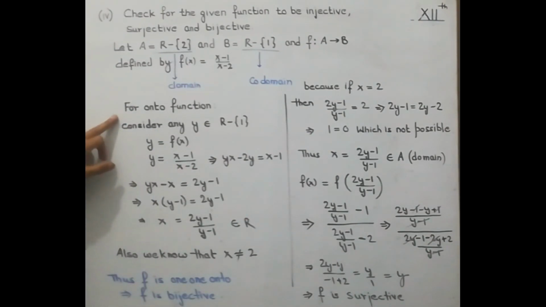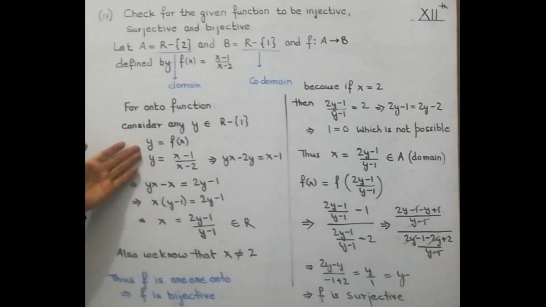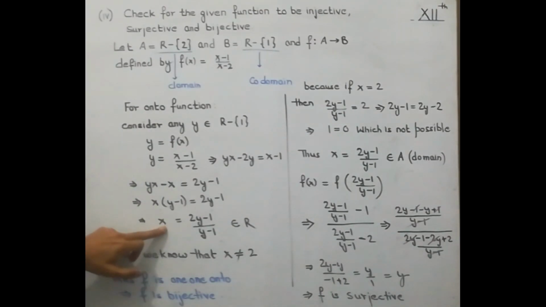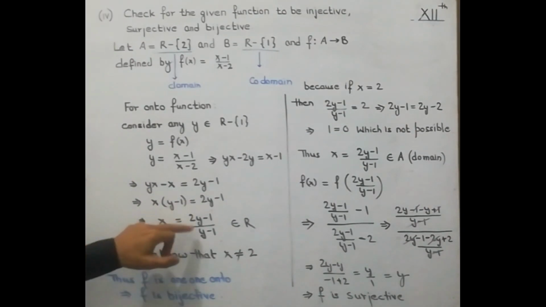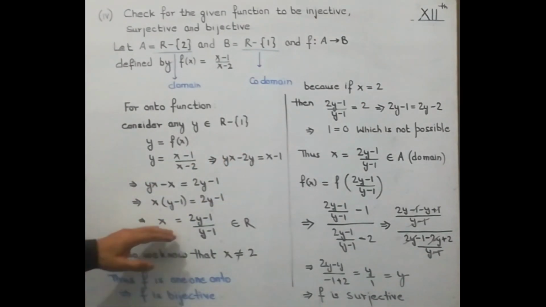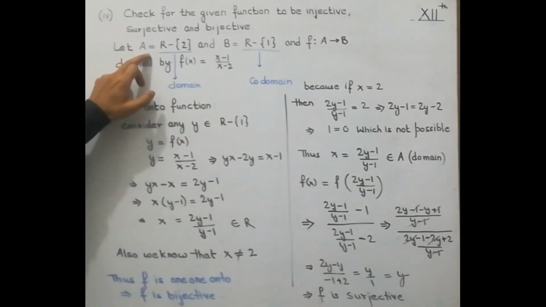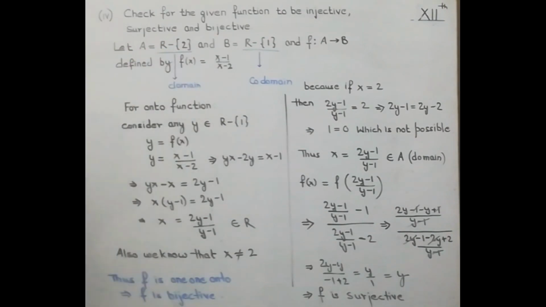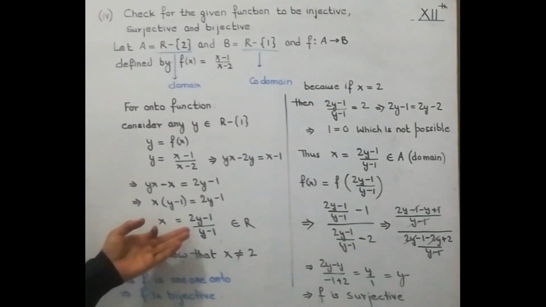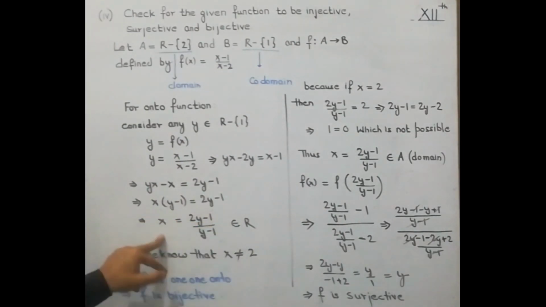For the onto function, we have considered any element y in the codomain, and now we got the pre-image. x is called the pre-image in terms of the image, and for this relation, y belonging to R minus 1, we are getting x belonging to R. But according to the question, x belongs to R minus 2, whereas we had shown only that x belongs to real values, because you substitute any real value for y except 1, you will get a real value for x.